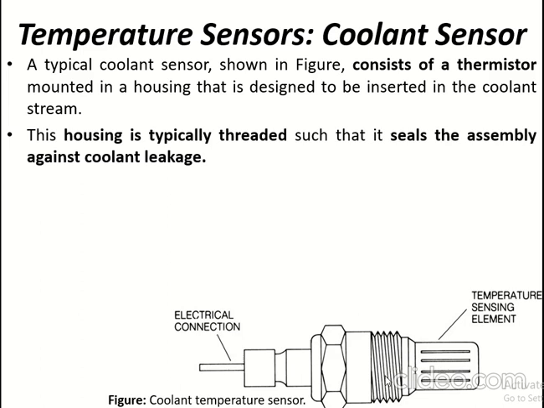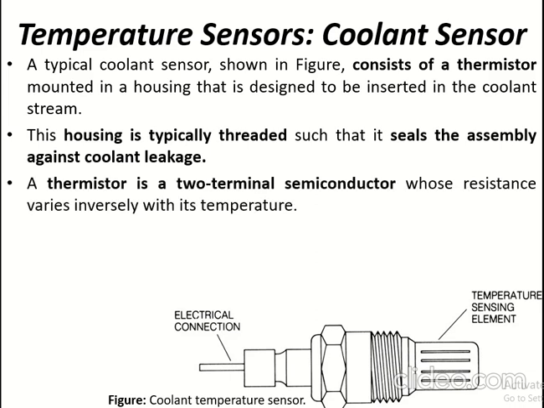When this sensor is joined with the coolant stream, these threads insert inside the system and completely lock the housing, because it is going to measure the coolant temperature, so it needs to prevent the coolant from coming out of the assembly.